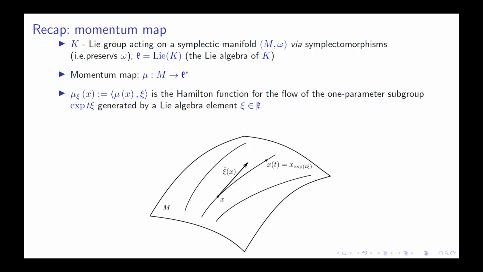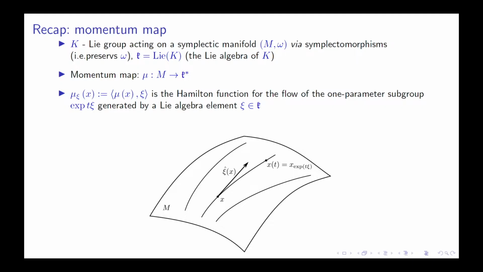Then we can construct a map which goes from our symplectic manifold to the dual of the Lie algebra of the group. The Lie algebra of the group is the set of, say, matrices. This is a linear space, and it has its dual, whose elements can also be expressed as matrices in a natural way.